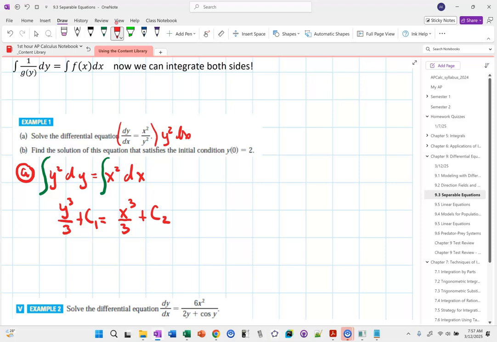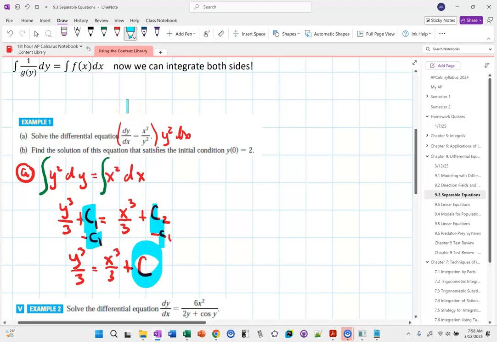Everybody's okay with that? Now, here's what I'm going to do. I'm just going to subtract the c's onto one side, and I'm just going to call that new constant just c. Everybody's okay with that?